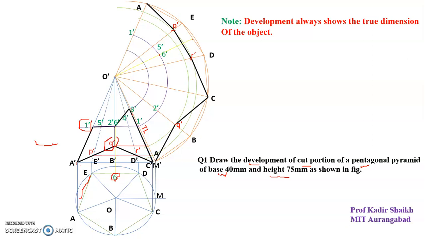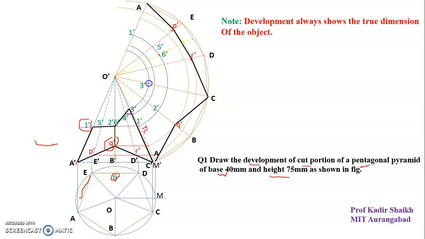3 dash is on CO. So project 4 dash on the true length and draw the arc. Now as 3 dash is directly on the true length, we can draw the arc through it, and as 3 dash is on C dash O dash, in the DLS also it should be on C to O dash.